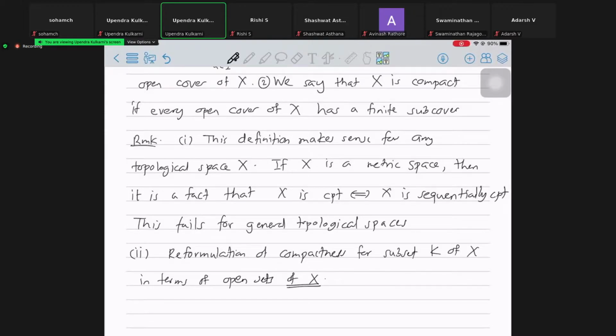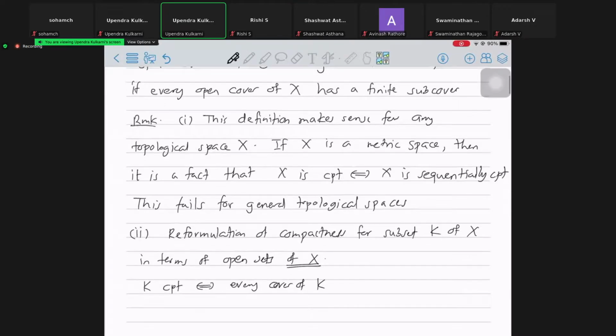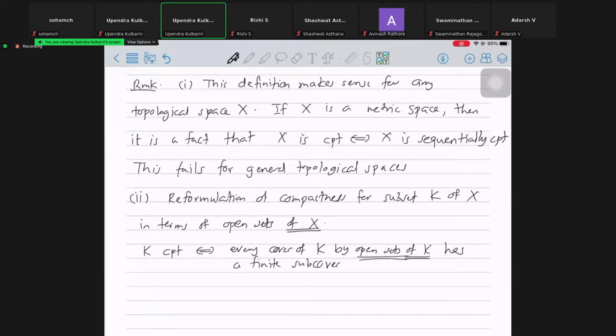So let's write this down. Every cover of K. Okay, but what are open sets of K? Remember, open set of any metric space is a union of balls in that metric space.